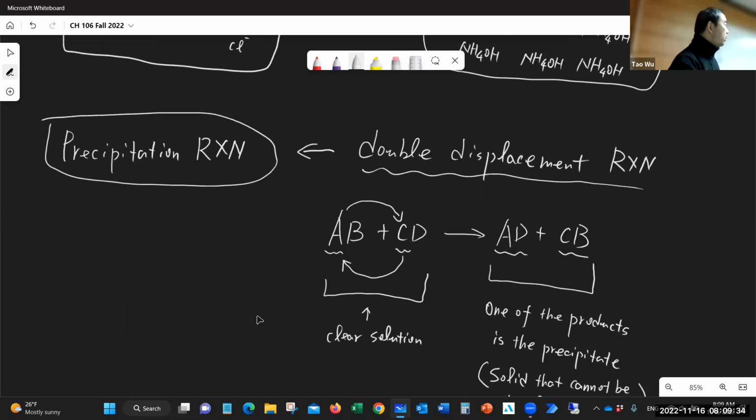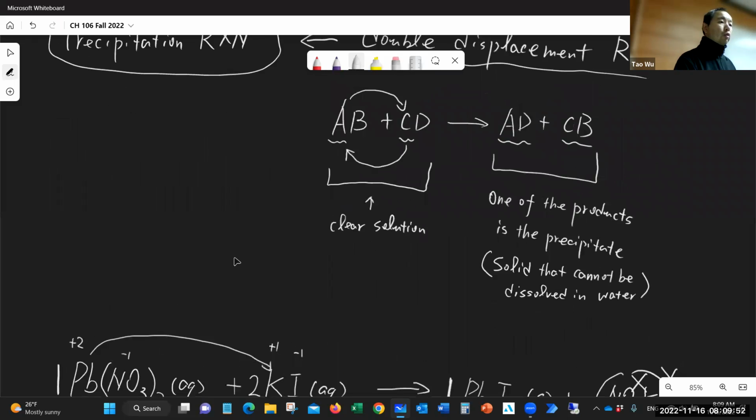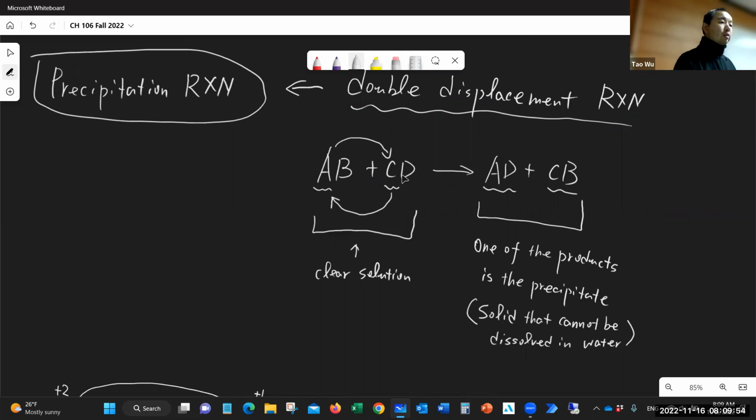Last time we also talked about two different chemical reactions. One is called precipitation reactions, which are part of the double displacement reactions. We have two ionic compounds in solution, which is important, and when we mix those two clear solutions together, a precipitate comes out.